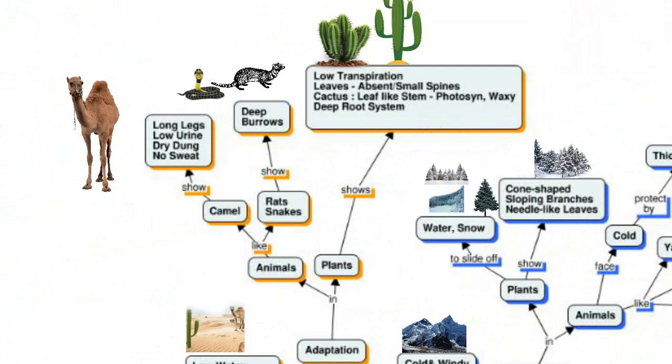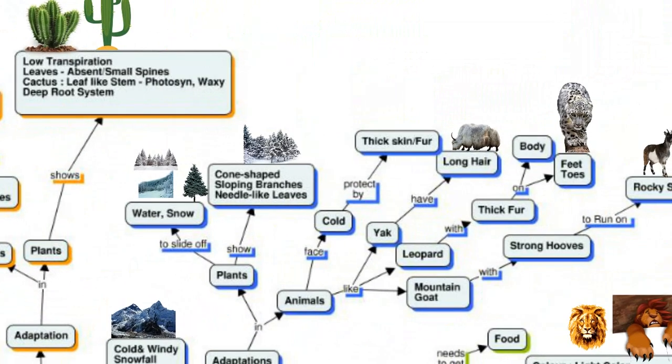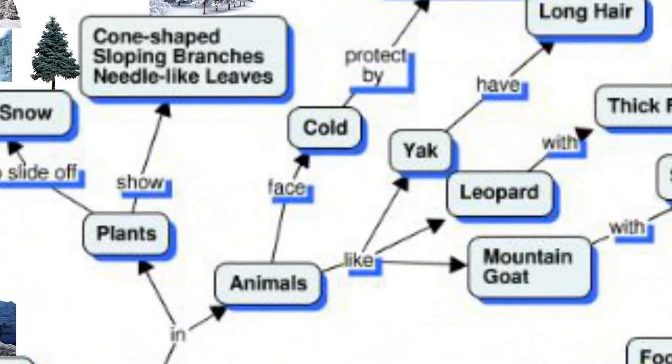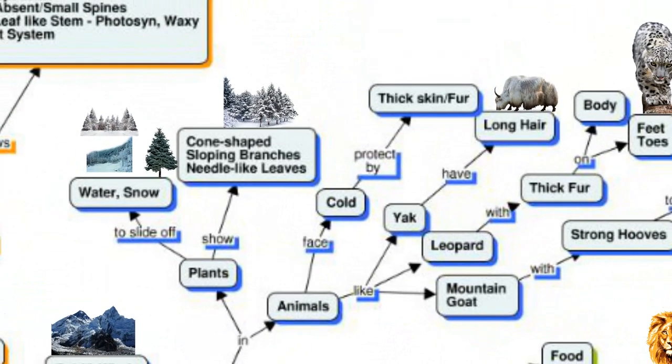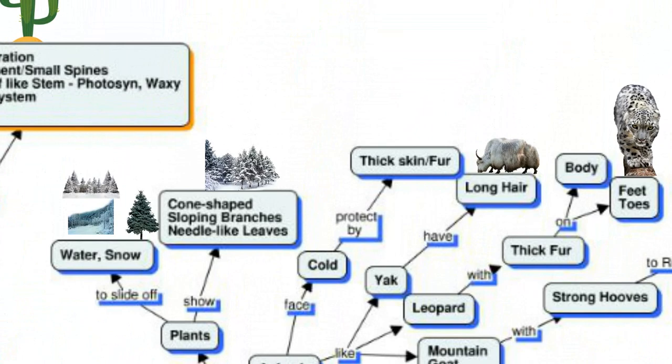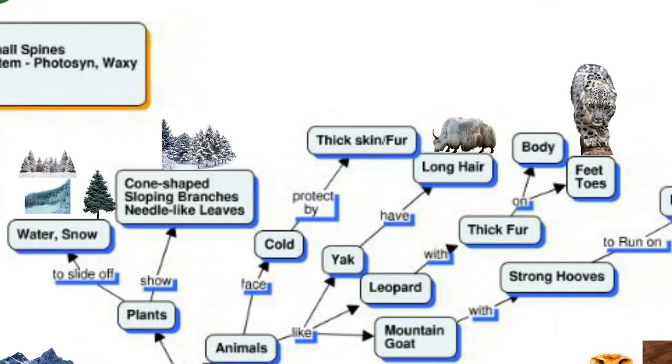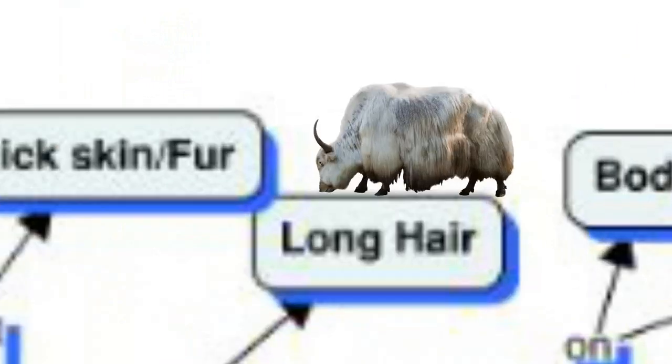Now we are going to talk about the adaptations in animals. Animals face a lot of cold, so they protect themselves with thick fur and thick skin. Animals like yak have long hair to be warm.